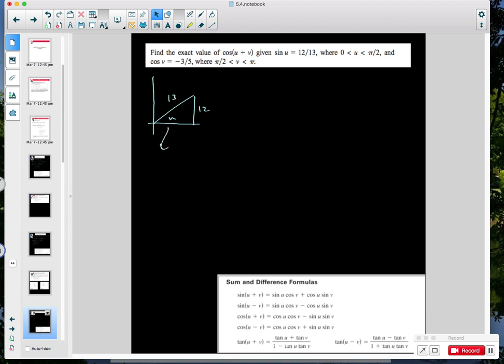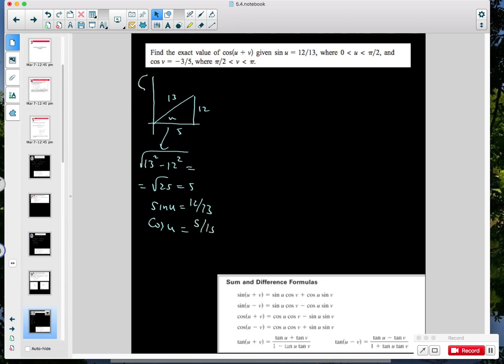So I get 13 squared minus 12 squared equals 25, square root is 5. So I get 5 for this. And sine of u, which was given to me, is 12 over 13. But what is cosine of u? Cosine is adjacent over hypotenuse, which is 5 over 13. That's perfect.